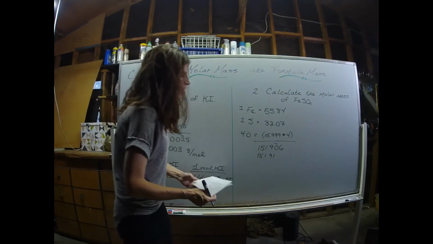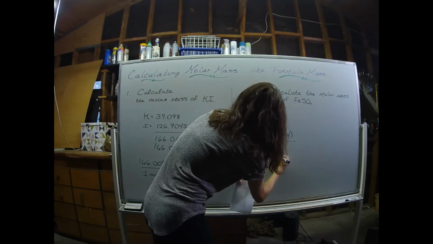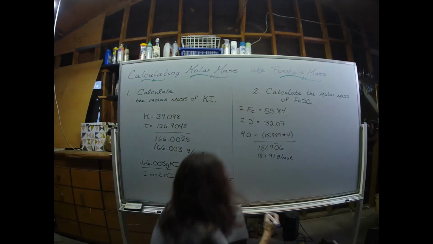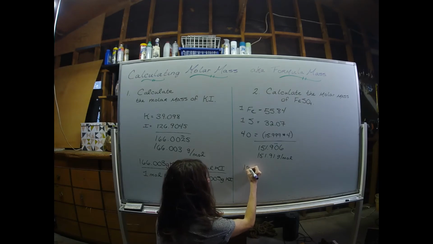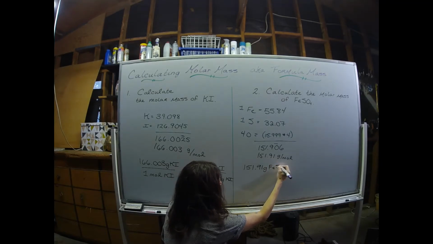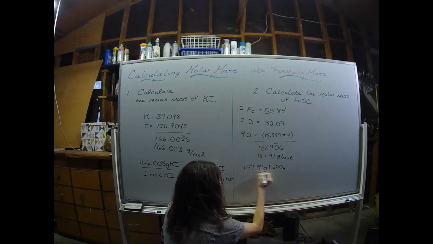And let's go through those conversion factors again. So this number has units of grams per mole. So we can say that there's 151.91 grams of iron sulfate in 1 mole of iron sulfate.